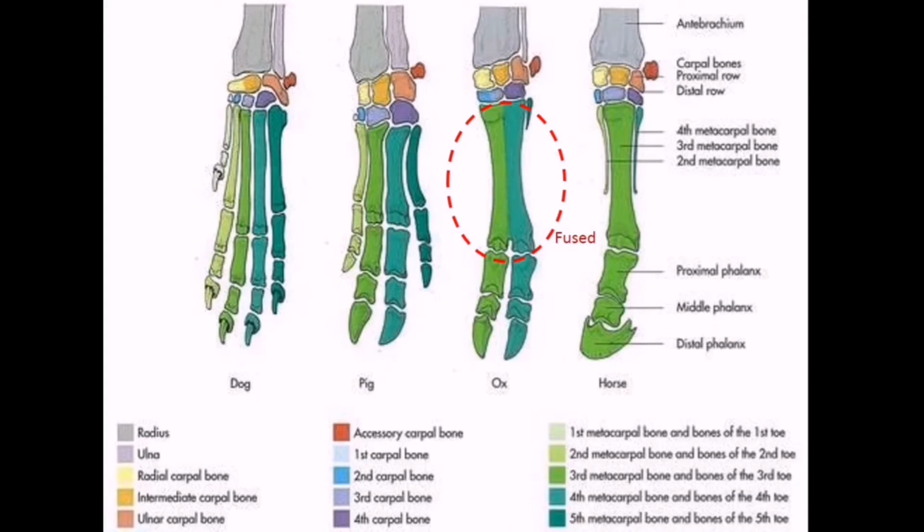Ox is a male cattle. Ours is more like the dog, but you see the dog's pinky, the last finger, is too long, but actually they have 5 metacarpals like us.